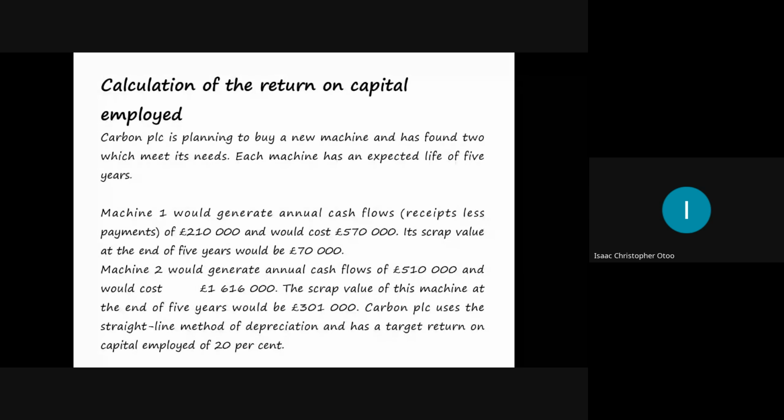The annual cash flow is the same as the income that we are getting. So every year we have 210. But this is going for how many years? 5 years. So what will be the total profit for the 5 years?